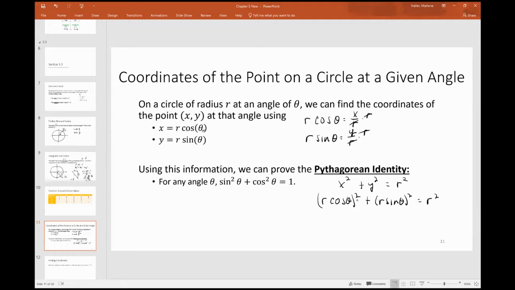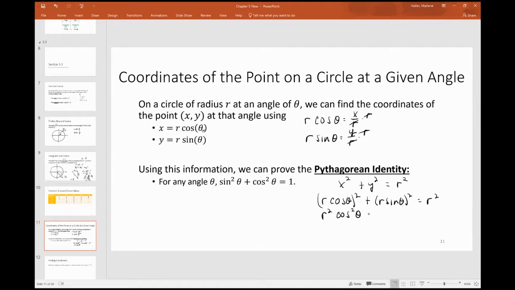These two terms are being squared, so let's distribute that square. Let's call this r squared times the cosine squared of theta. When we square a trig function, we usually put the square after the function name, cosine squared of theta, because it's hard to differentiate between the cosine of theta squared and the cosine of theta, the whole thing being squared. So we say cosine squared theta when we want the whole thing squared.